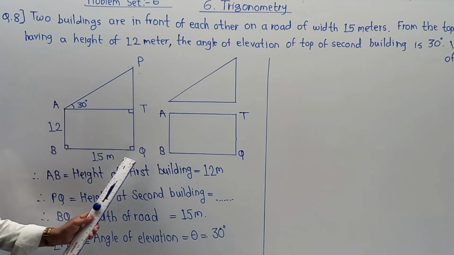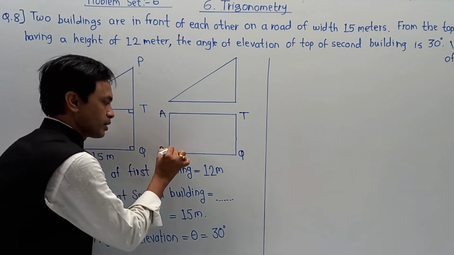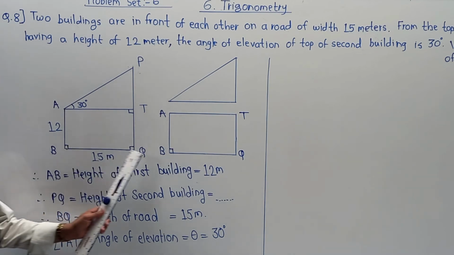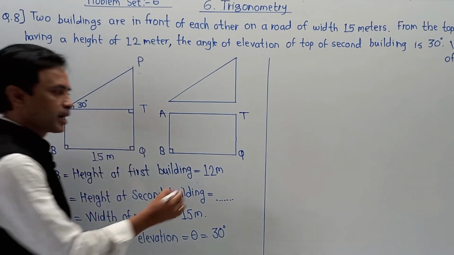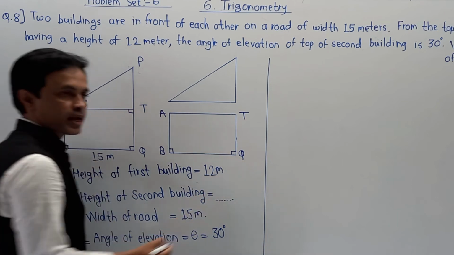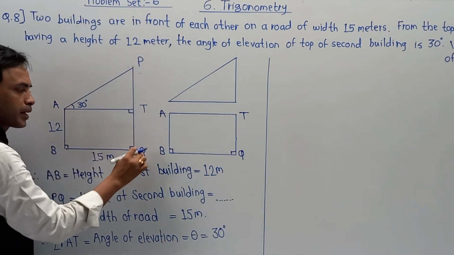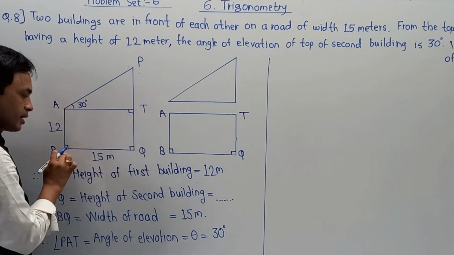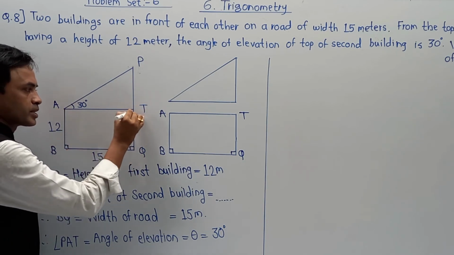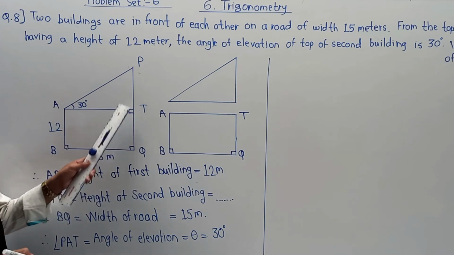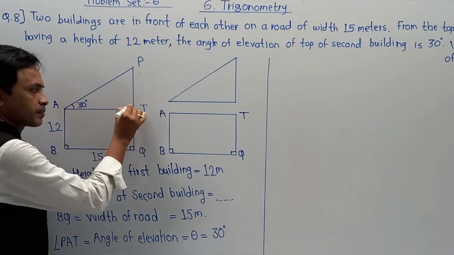Now what exactly is that part? AB and BQ make an angle of 90 degrees over here. Also BQ and TQ make an angle of 90 degrees over here. As we have drawn, AT is parallel to BQ. Here this angle is 90, and naturally its adjacent angle is also 90.